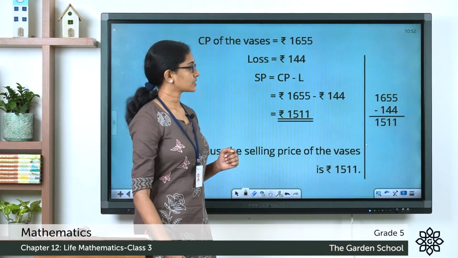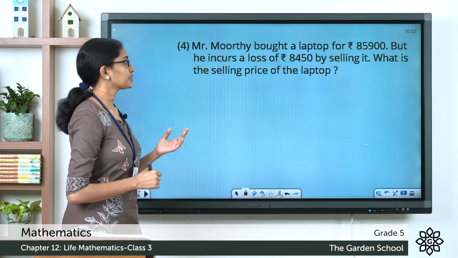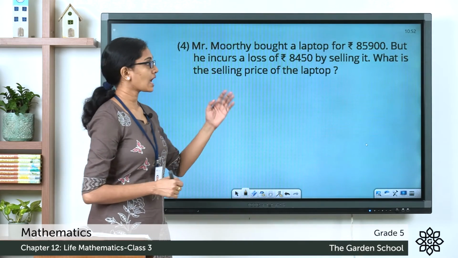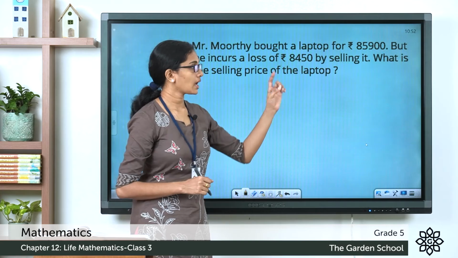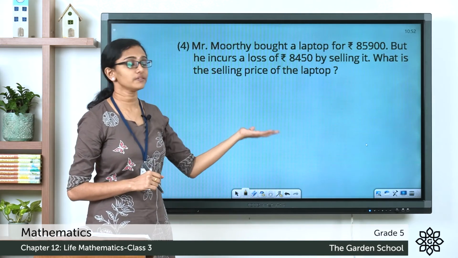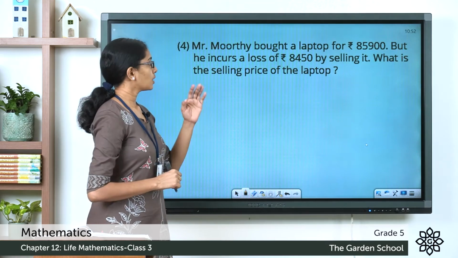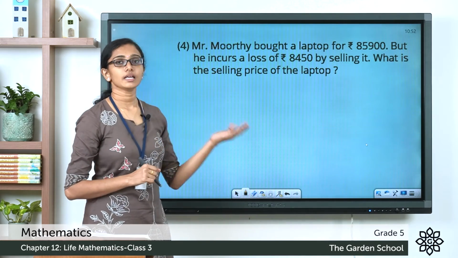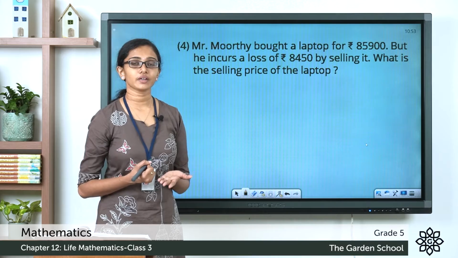Now let's see one more question. Mr. Murthy bought a laptop for rupees 85,900, but he incurs a loss of rupees 8,450 by selling it. What is the selling price of the laptop? Now what all data is given in the question?